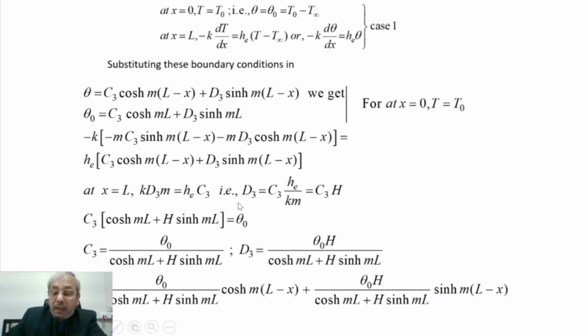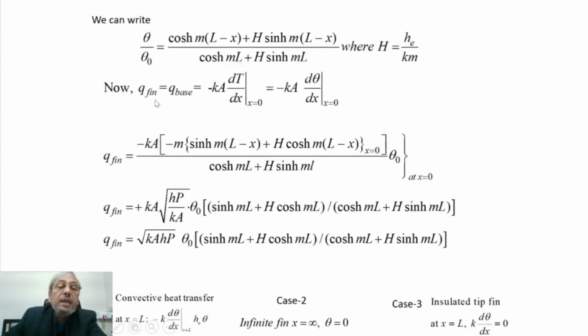So here we can write Q fin is Q at base, minus kA dT/dx at x equal to 0, or minus k, the cross-sectional area of intersection between the fin and the base, that area, into d theta/dx at x equal to 0. So for Q fin, we can differentiate this d theta/dx, and this is minus kA minus m, which is common from both the terms, taken out.